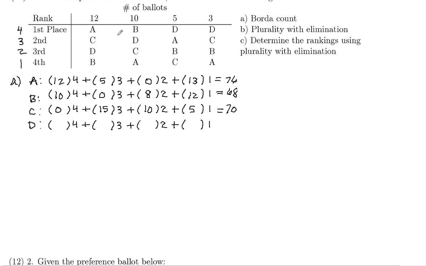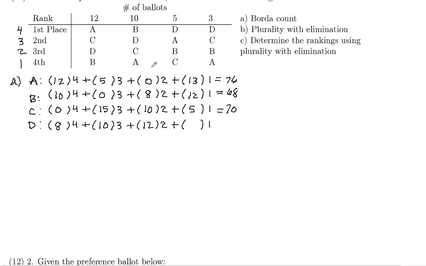Okay, and then D had 5 and 3, 8 ballots that voted D first. Second place votes, 10 ballots there. That's all the D's in the second place. Third, we got 12 ballots here. Looks like that's it.